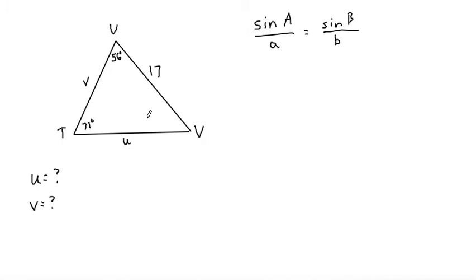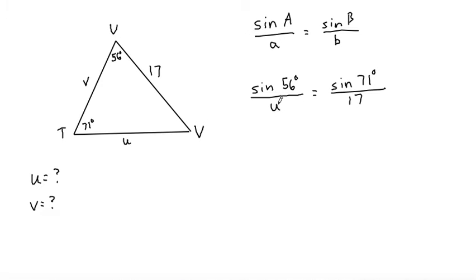So let's use this formula in the case of our triangle and plug in the sine of the U angle, which is 56 degrees, divided by the U side length, because we need to use the opposite side length, is equal to sine of, we can use either angle in this triangle, but since we know the 71 already, let's use that one, 71 degrees over the opposite side length from that angle, which would be 17.